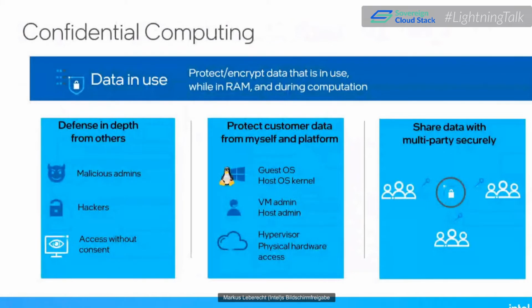So where does this model help? With such data and use protections, we can now unlock scenarios that have been very difficult to implement without this protection. With confidential computing, the data is now protected against malicious administrators, hackers who may breach the multi-tenant boundaries, and access from even the cloud provider itself.